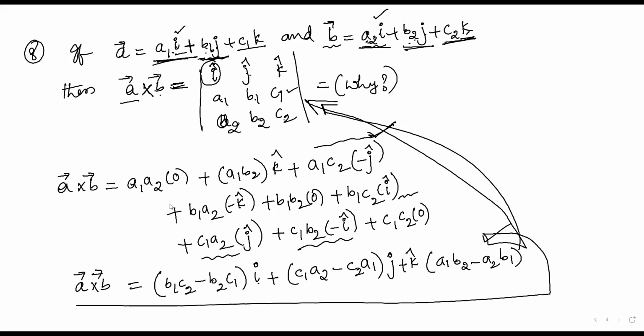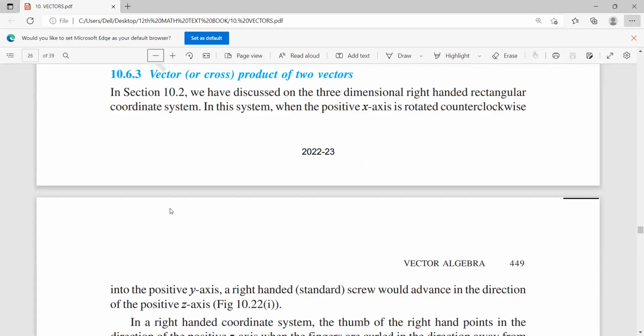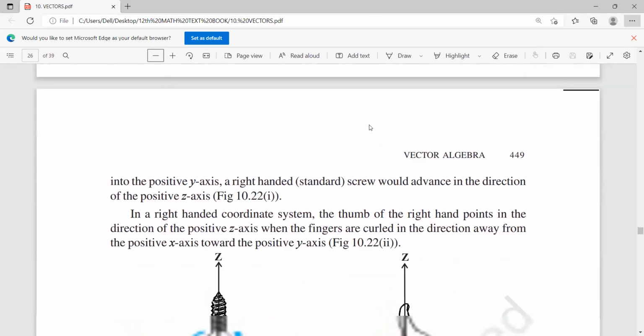Once we go to the textbook, then we revise the same thing. So first of all, what is a right-handed system? We just demonstrate. We have discussed the three-dimensional right-handed rectangular coordinate system. In this system, we have the positive x-axis rotated in the anti-clockwise direction.